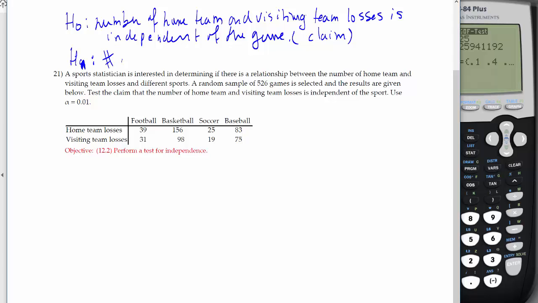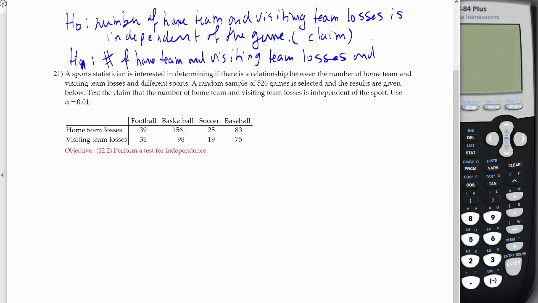The number of home team and visiting team losses and the sport are dependent.